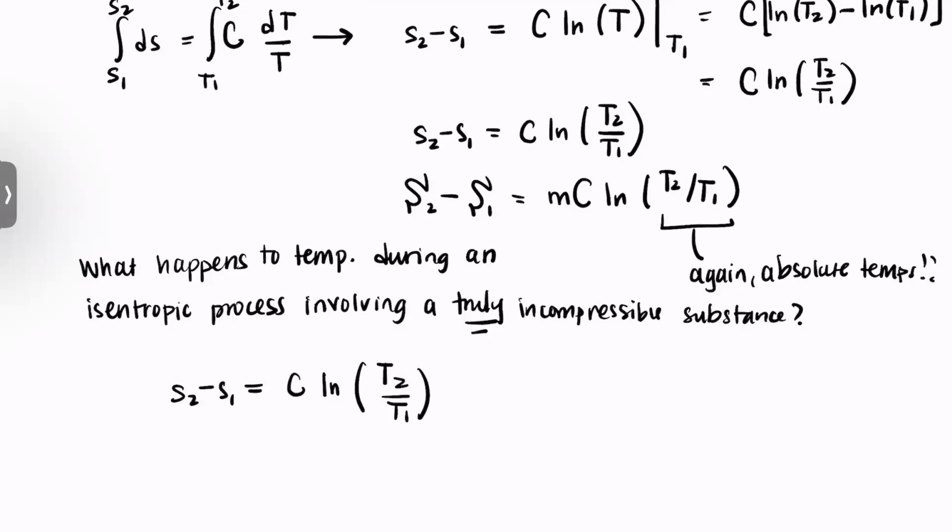So isentropic, to help you remember, this looks a lot like entropy. All right, so that's the root word that's going there. Iso always means same. So we're looking at constant entropy, which means our change in entropy has to be 0, right?